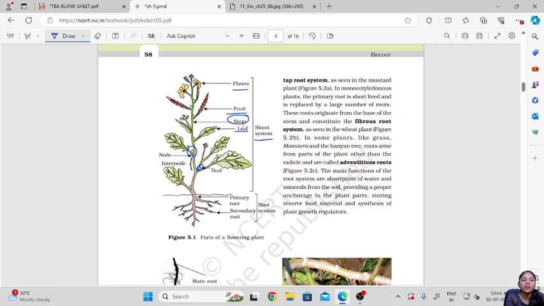So this part where the bud arises or the leaf is there is called the node and this part is the internode. So these are all the parts or morphological structures of a flowering plant. This top portion is the shoot system and the below ground part is the root system.